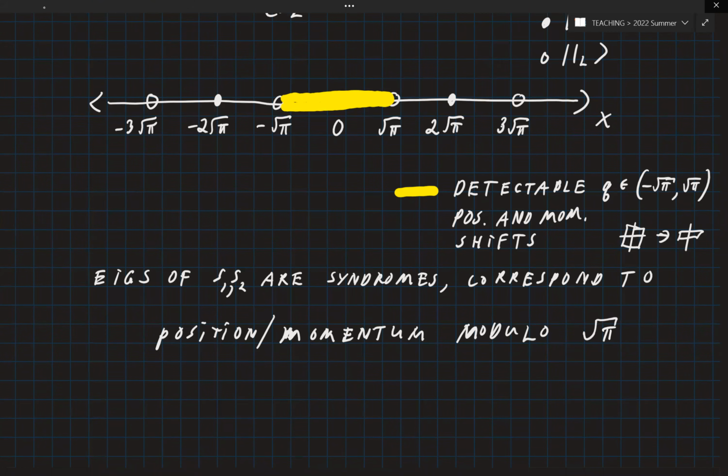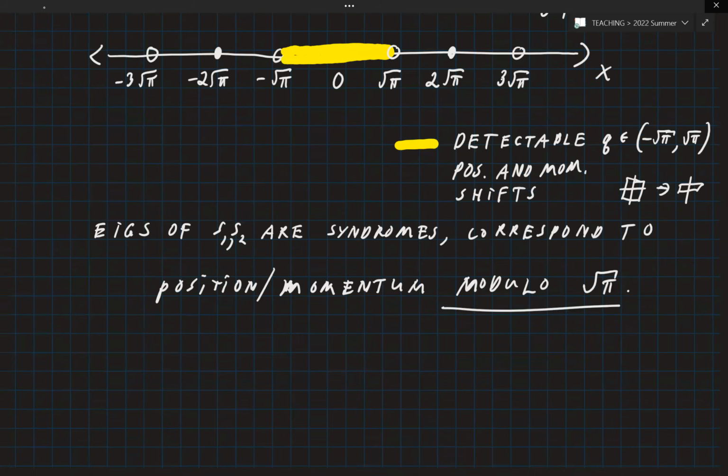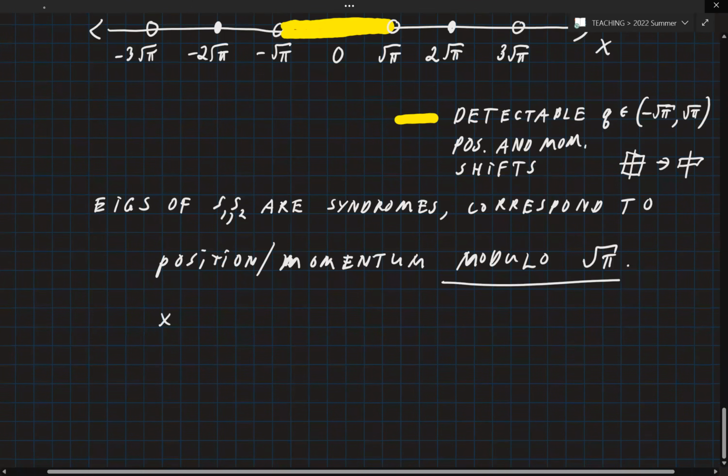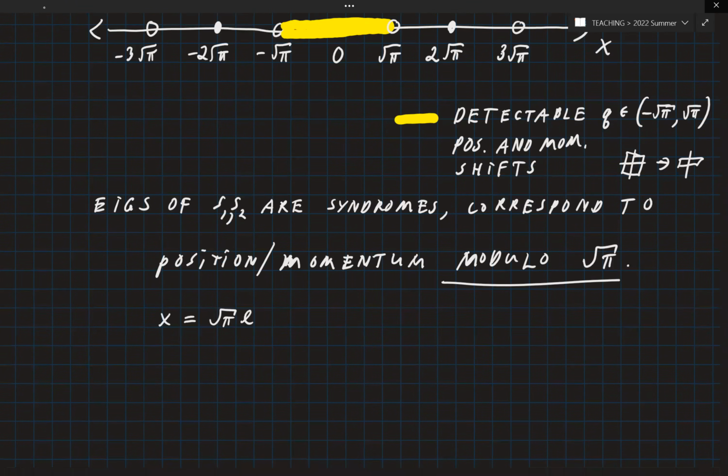So you have some real number, you can always write it as square root of pi times some integer plus some remainder, right? And this is the error syndrome.